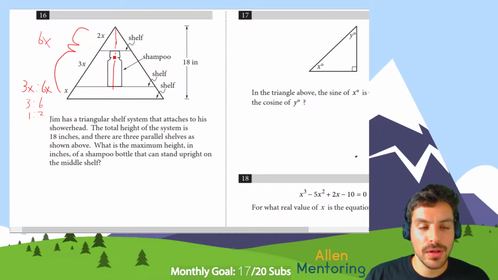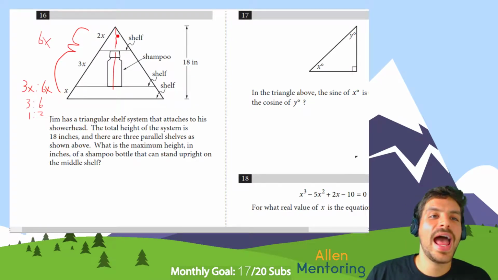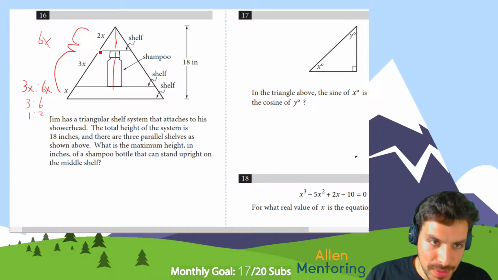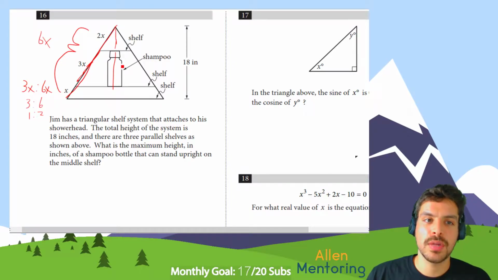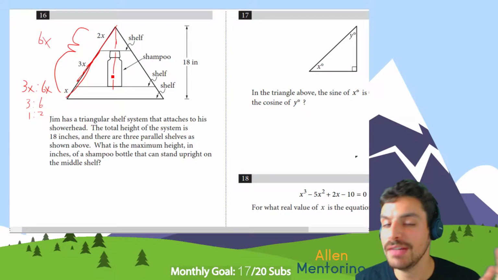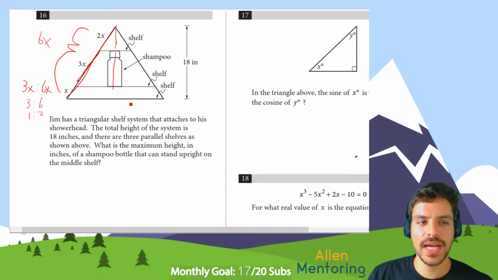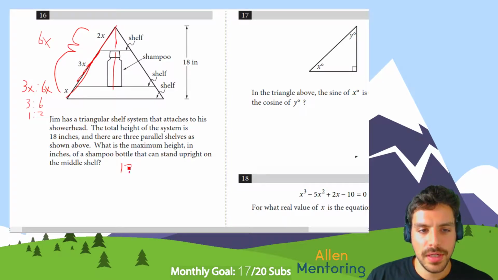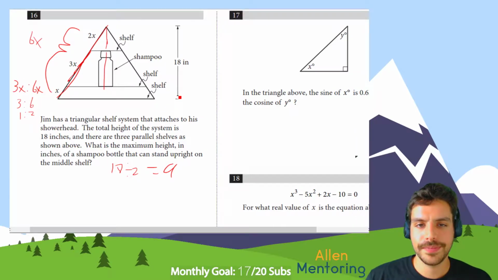So this middle height will be 1/2 of the entire height because this is 1/2 of this. The proportions still remain the same even for the height, so this must be half of the entire height. 18 divided by 2 is 9 inches for that height.